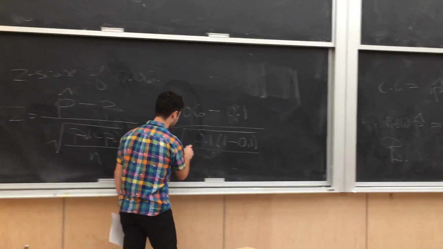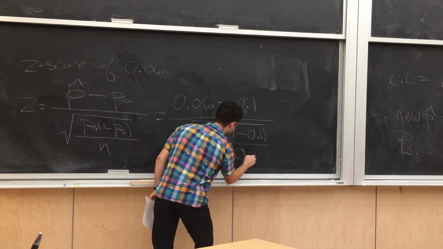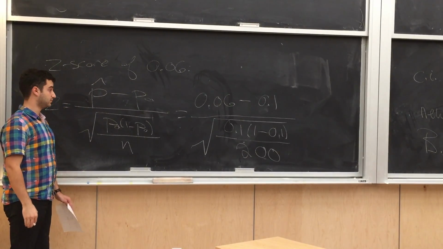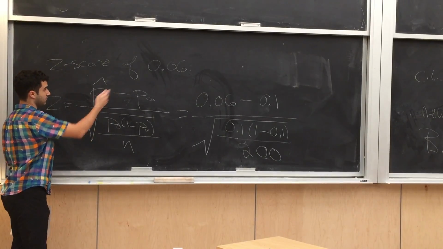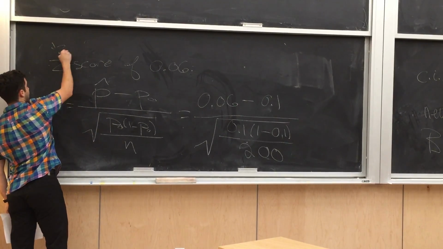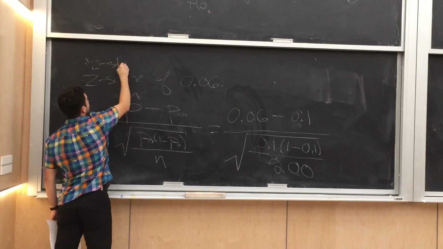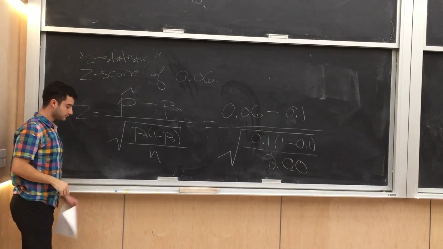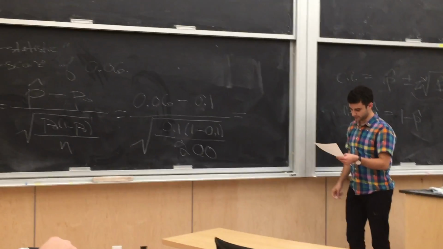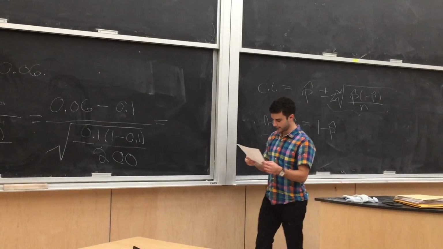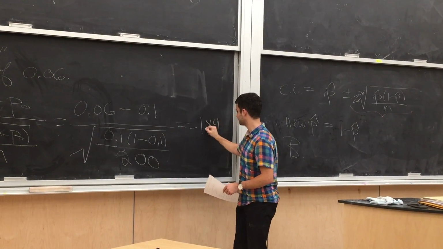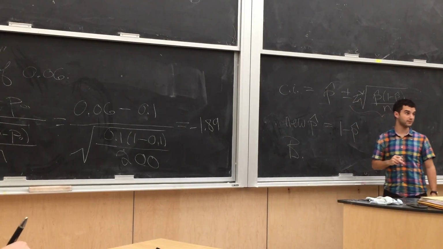It's always the number of things that we sample. Okay, so this is our z-statistic. It's a z-score, but in the context of hypothesis testing, it's called the z-statistic instead. When I plug this into my calculator, I got negative 1.89.